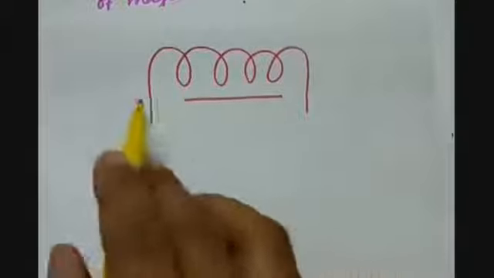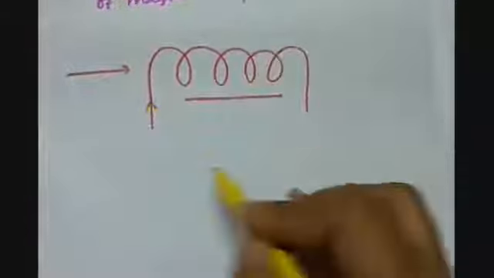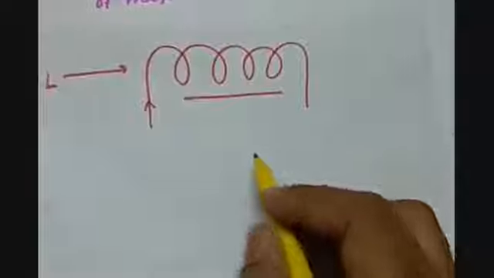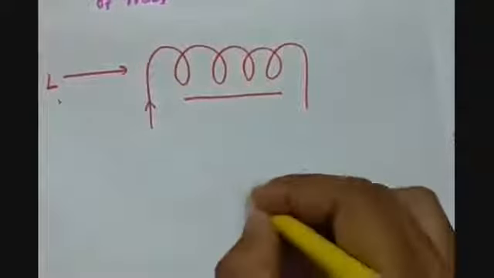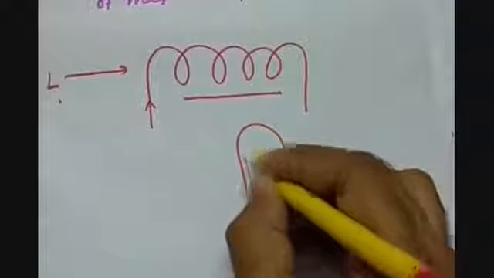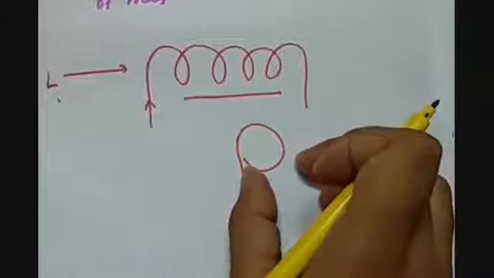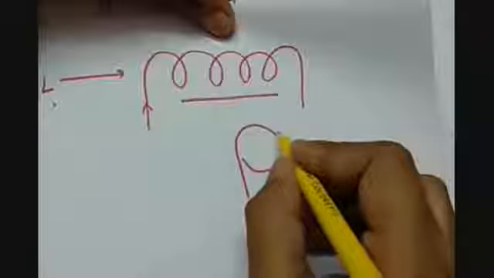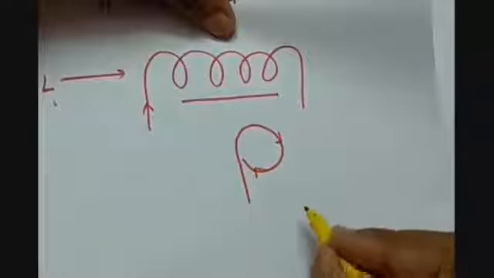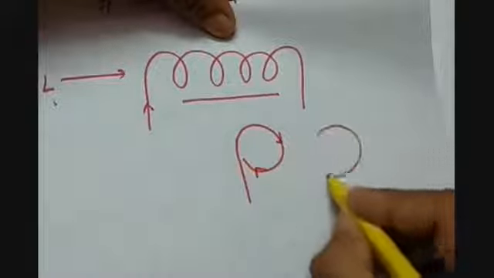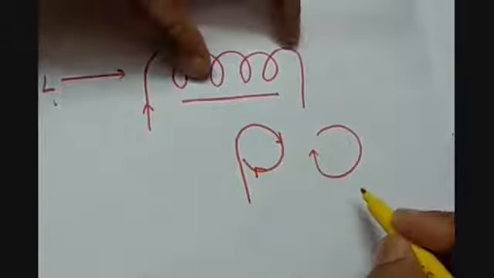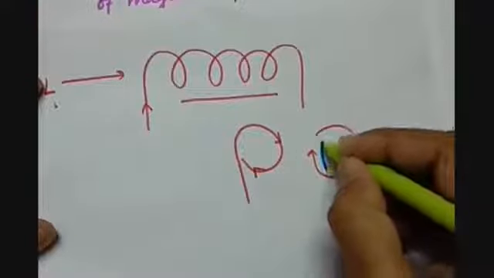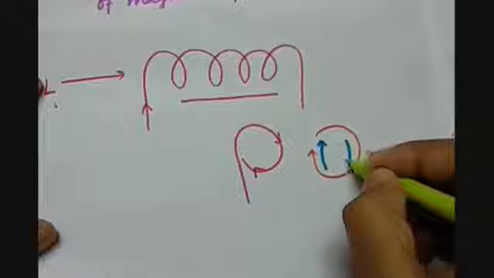Now if the current is entering in this direction and we are at this face of the solenoid, this would be the first loop that we see from this side. According to clock face rule, now the current is flowing in this direction. This is a clockwise direction. When current flows clockwise, current first flows up and then goes down.